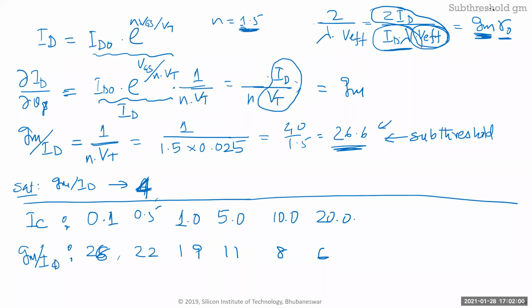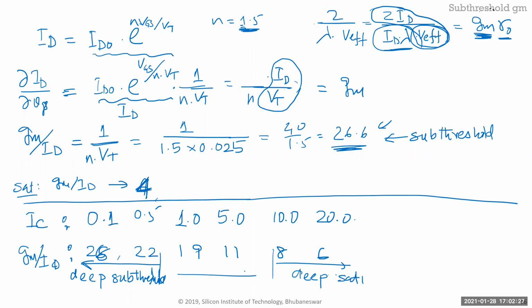And 20 is this. Anything above 20, I consider deep subthreshold. And anything below 8 or 10, 8 is kind of moderate, but if you're in the 6 region, you're in deep saturation.